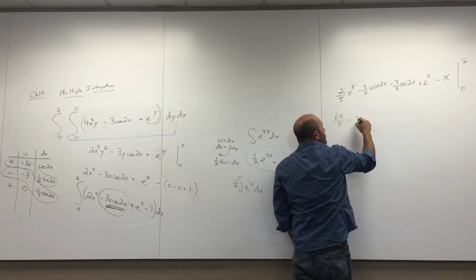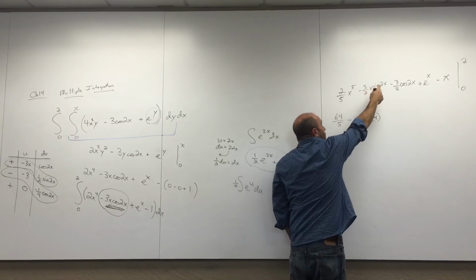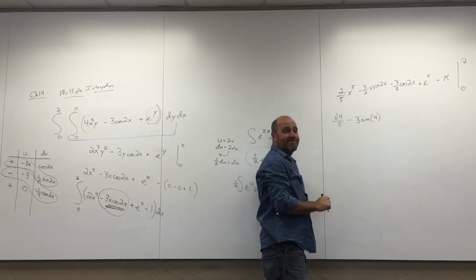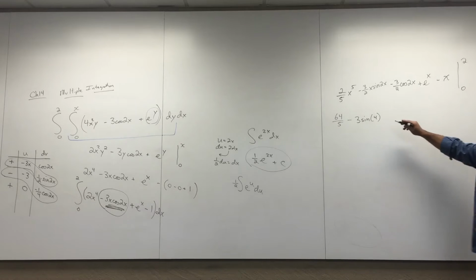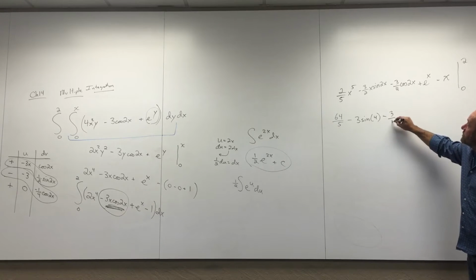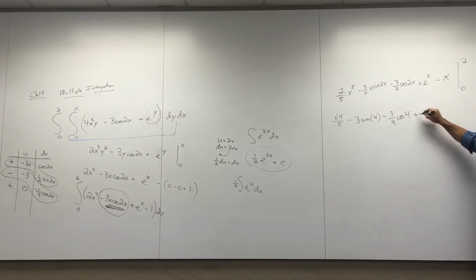It's going to be a negative 3 sine of the number 4. That's 4 radians. It's some nasty decimal. Minus 3/4 the cosine of 4. Plus e squared. Minus 2.